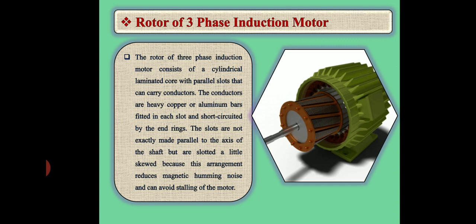The conductors are heavy copper or aluminum bars fitted in each slot and short-circuited by end rings. The slots are not exactly parallel to the axis of the shaft, but are slightly skewed, because this arrangement reduces magnetic humming and avoids stalling of the motor.